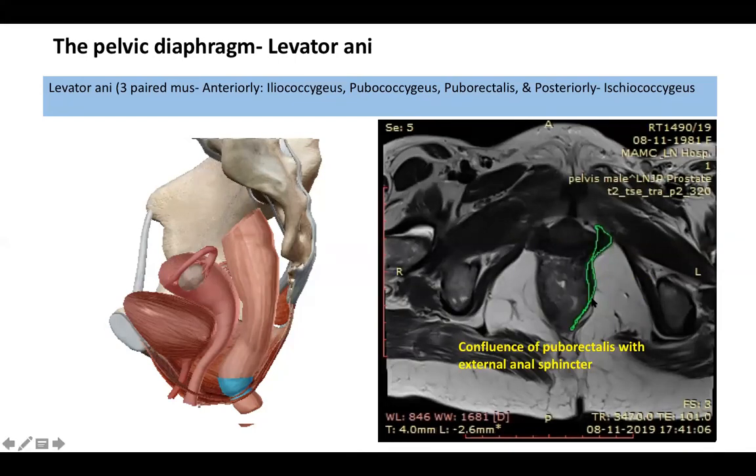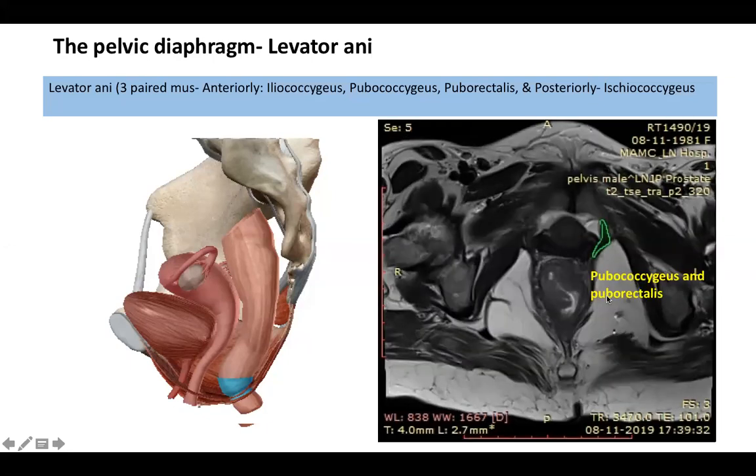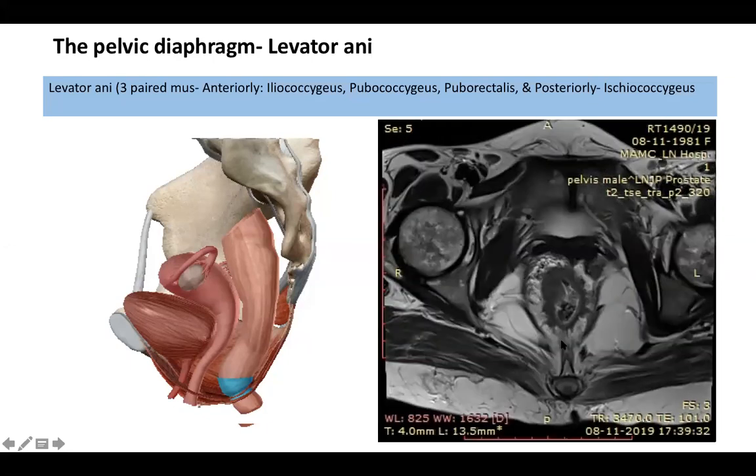This is an important landmark, so remember how to identify this. Beyond this is the ischiorectal fat. This is not the rectal fat any longer. It's only above this, within this sling, within this sort of diaphragm, that we see the mesorectal fat.